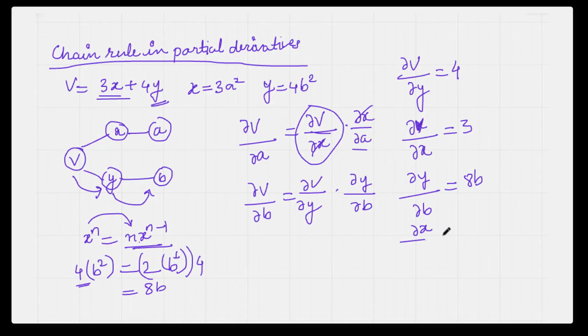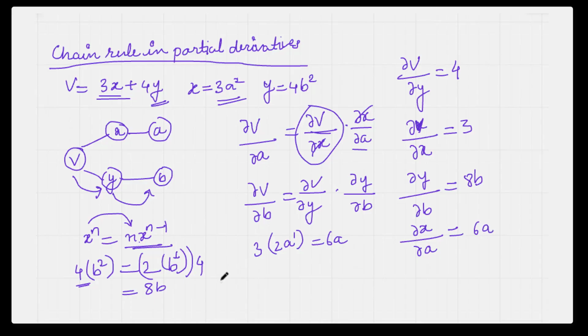Similarly, if I try for del x by del a, what do we get? 3a square. So when we do this, we will get 3 into 2a to the power 1, that is nothing but 6a.